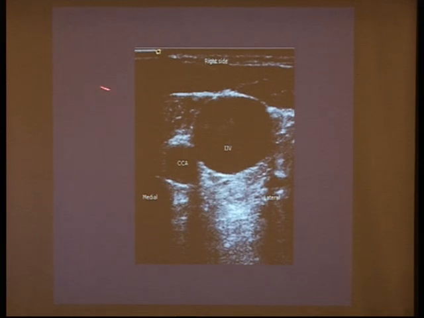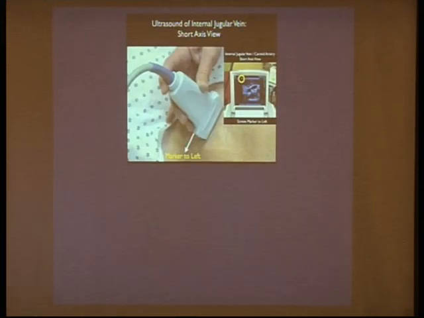In transverse approach, there is cross-section of both vein and artery, so they will appear like a circle. And we have to be oriented with the position of the probe. To my mind, the best approach is to have an anatomy which is similar to the screen.